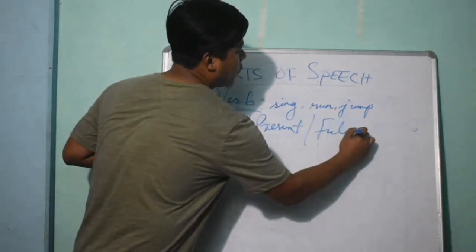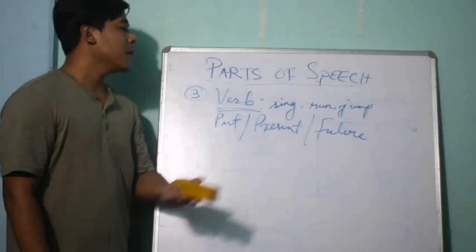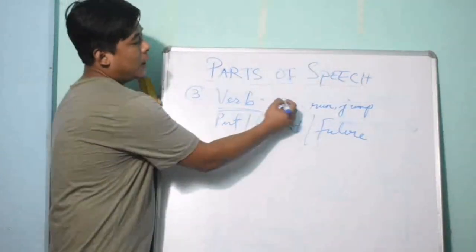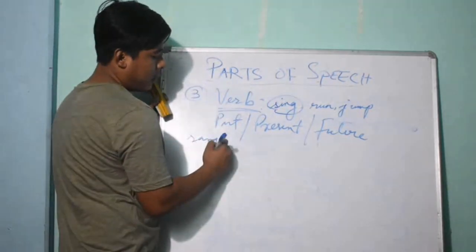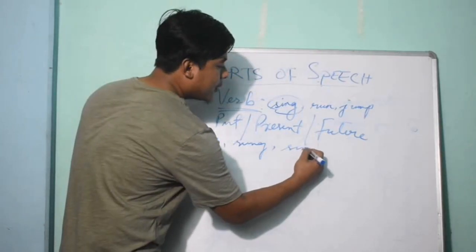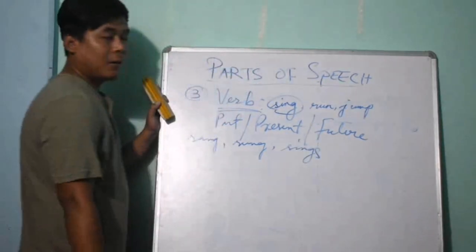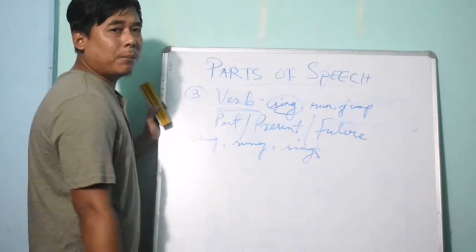So the uses of words depend on these three things. Sometimes you will have to use this word sing as sang, or sometimes sung, or sometimes sings, depending on the tense. Therefore this verb is very, very important.